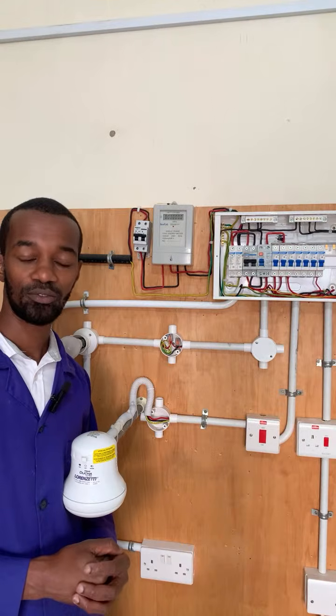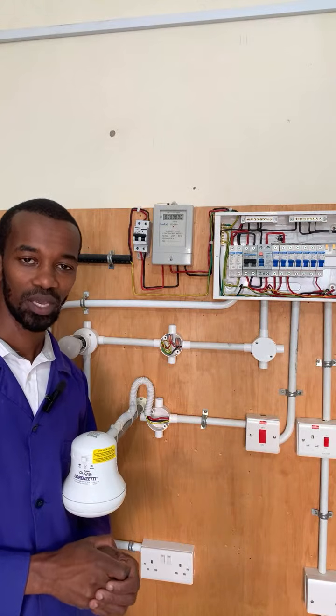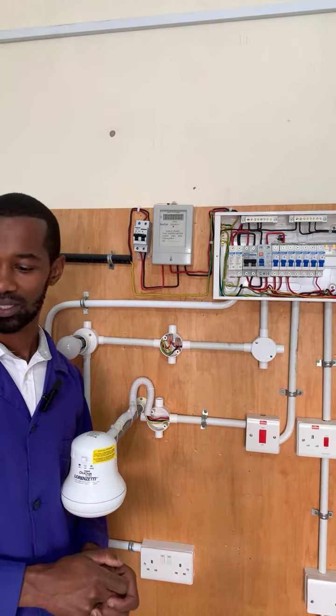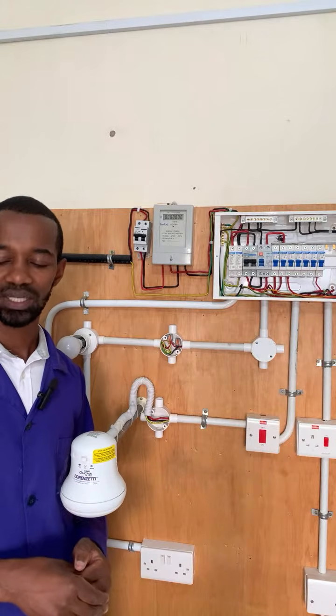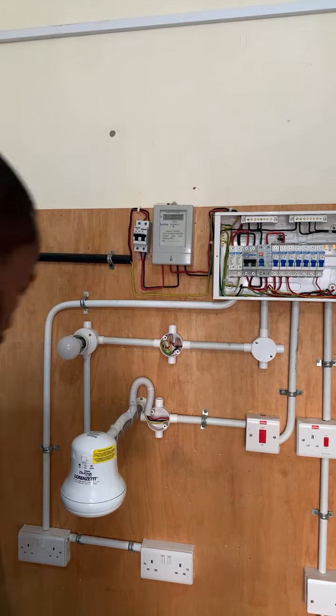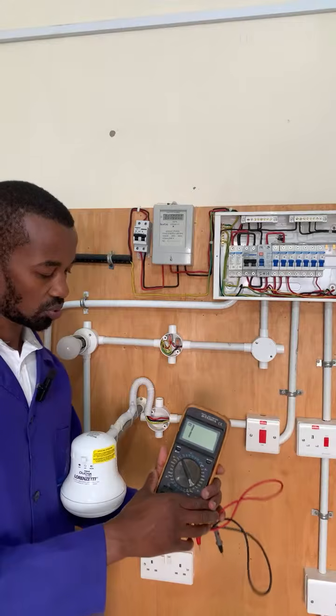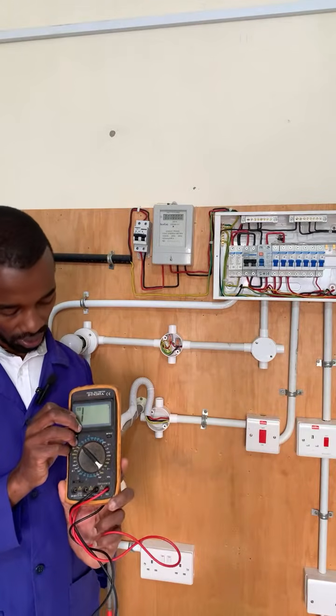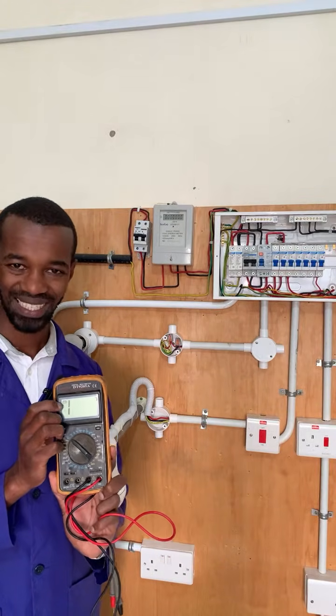Now, how to test for line or the positive? You definitely will find that on the digital multimeter, you have that positive and negative indication on the meter, on the screen.